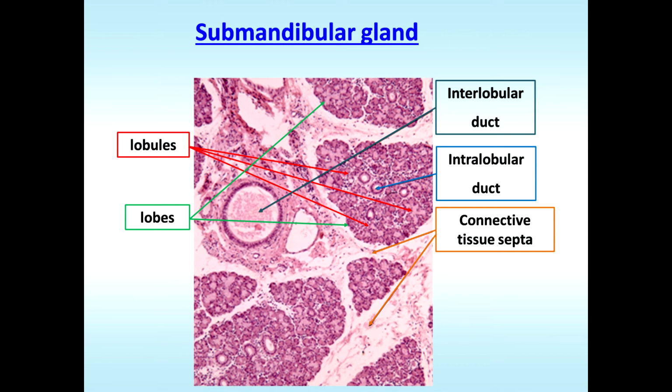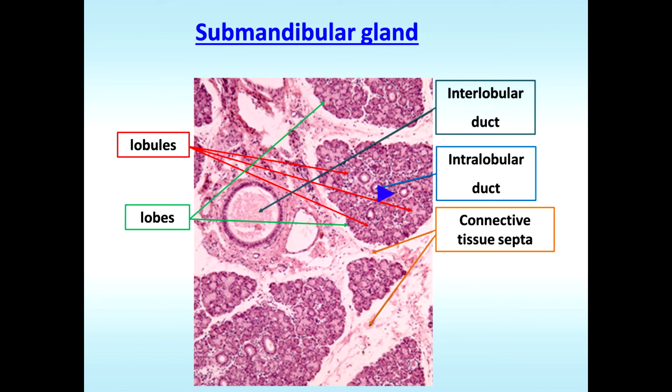As for the rest, it's very similar to the parotid gland. We can see the connective tissue with the pale pink staining, making the septa and dividing the gland into lobes and lobules. In addition, in this picture, we can see a very large caliber interlobular duct.